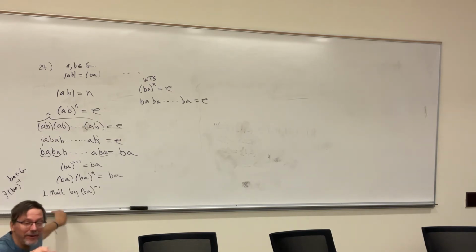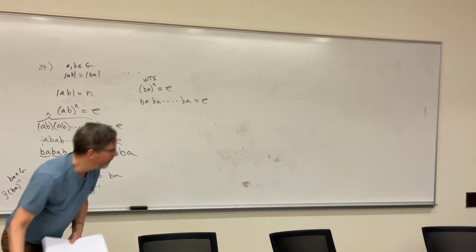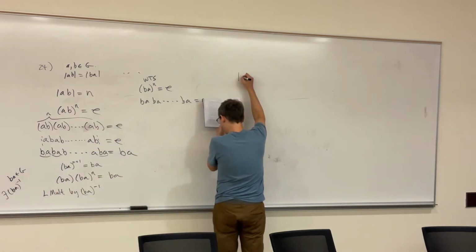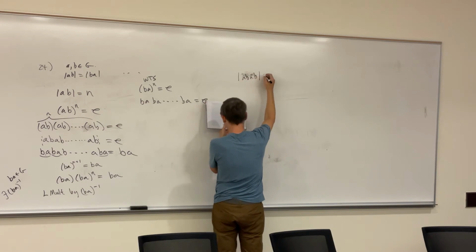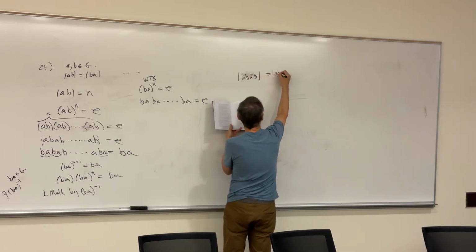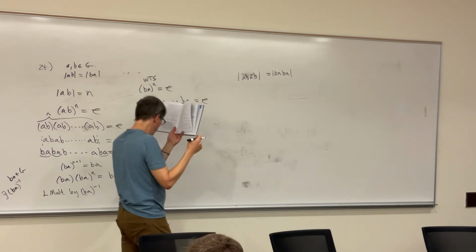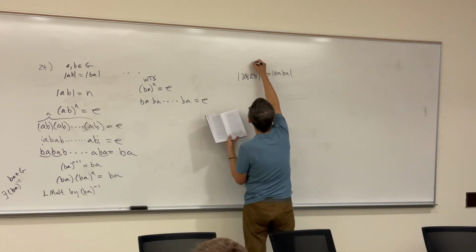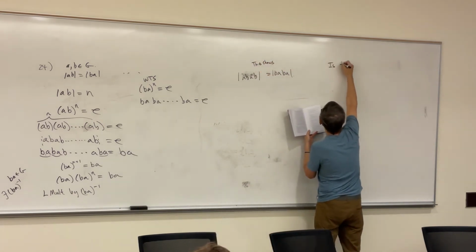Cool little puzzle. And what's the next part? Which problem was this? 24. All right, so then the next question is prove why this shows that the order of ABBA is BAB.